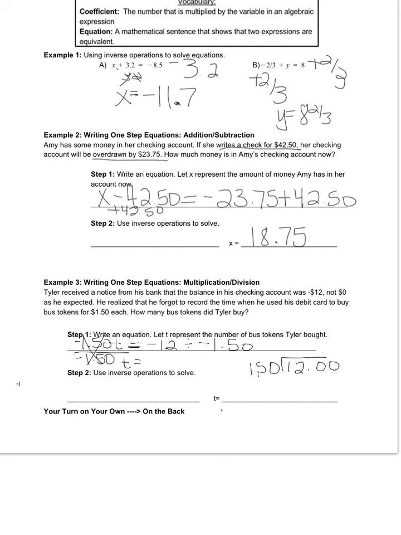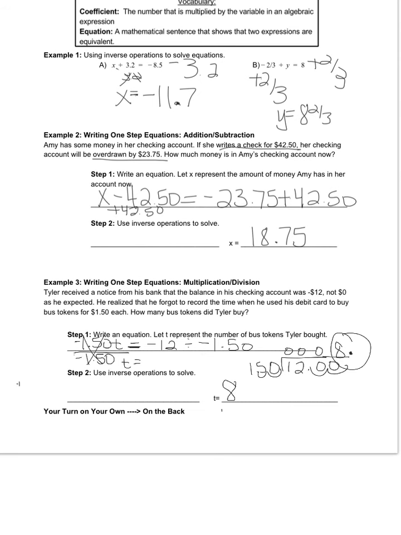So I need to move my decimal point. 150 does not go into 120, but it goes into 1,200 8 times. And because the decimal point is right here, it is just 8 as the whole number.